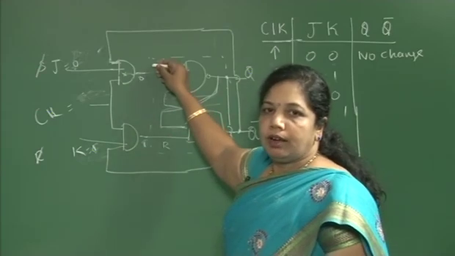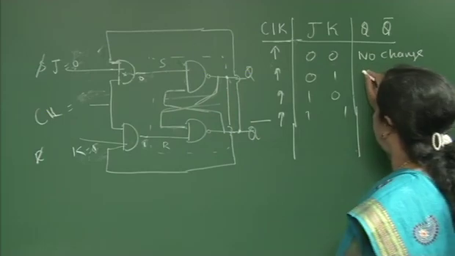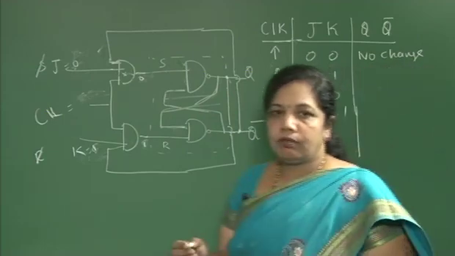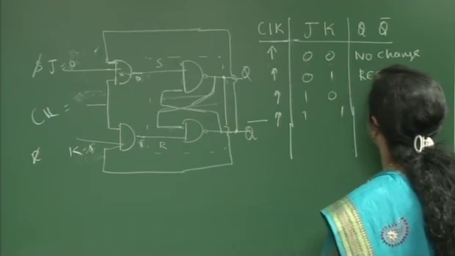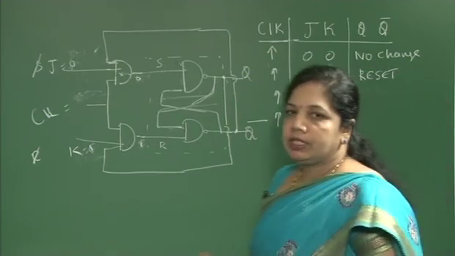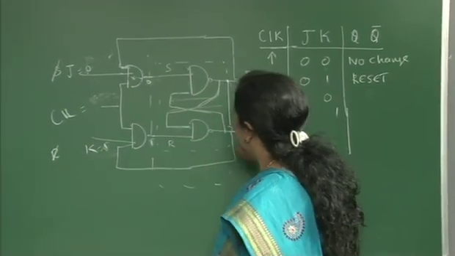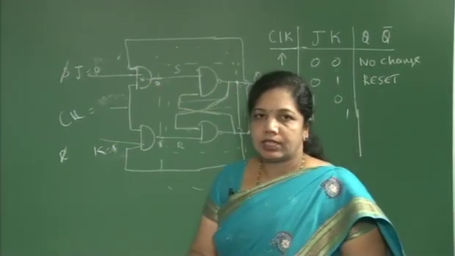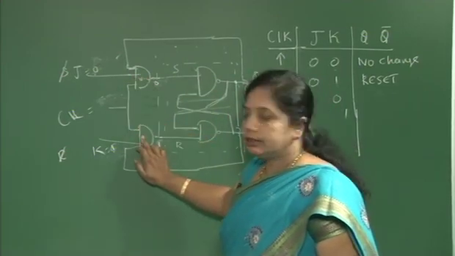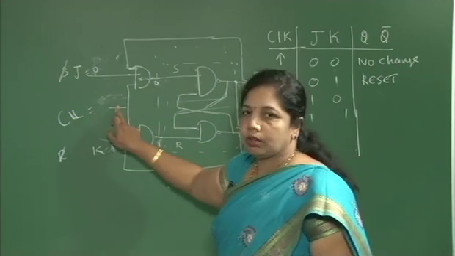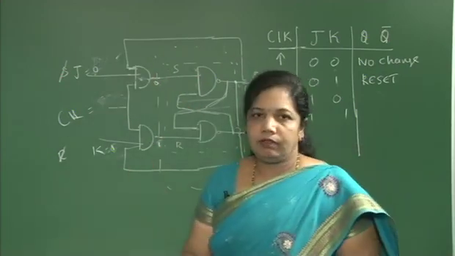The 0 and 1 condition to the SR latch is nothing but the reset condition. So your flip flop is in reset condition. Note that this represents the SR latch. On top of it I am connecting AND gates to give clock. So only this feedback connection represents JK flip flop.